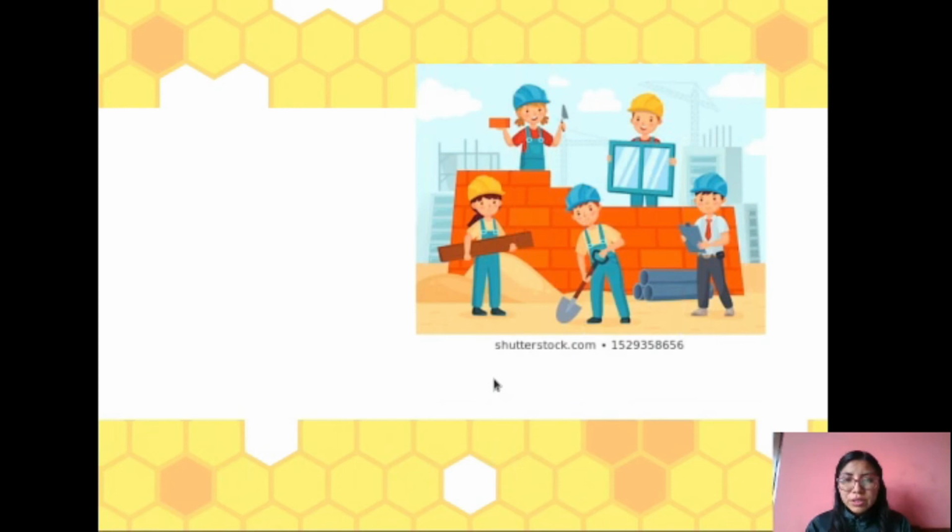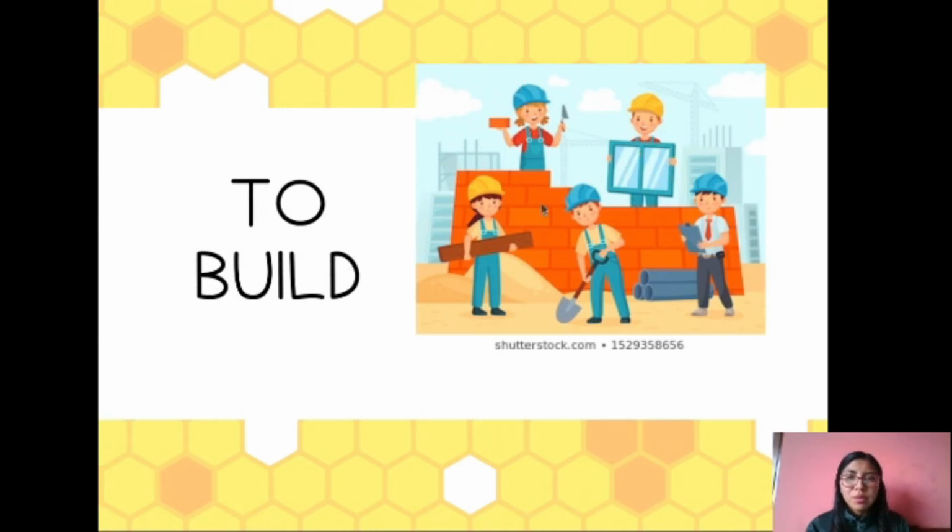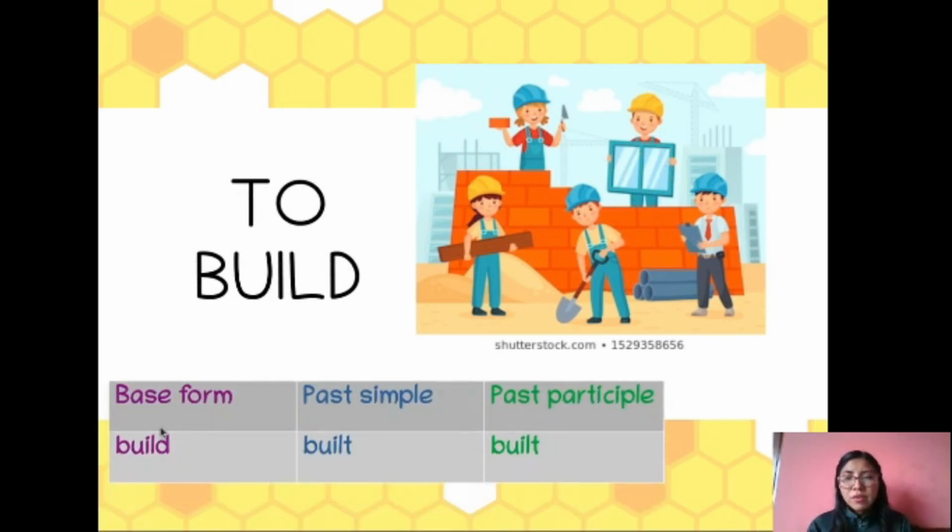Pay attention here. Pay attention to the image, okay? They are workers, and what are they doing? Okay, he has a window, okay? So the verb is to build, okay? And the form build, built, built, okay? I am going to give you a sentence, an example with the base form in present.